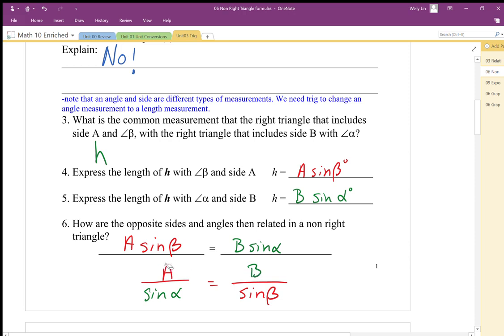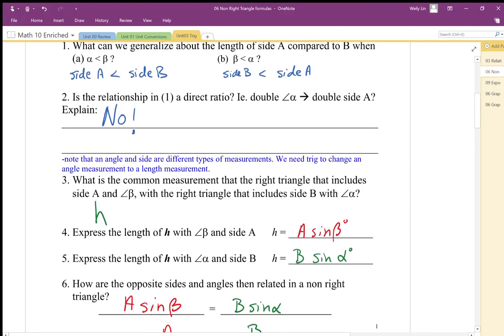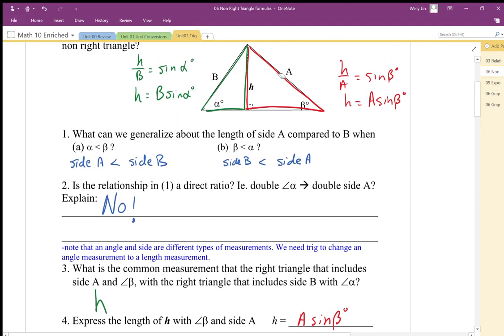So I've got angle alpha and the side opposite, A. That ratio is constant for the whole triangle. If I compare the side B with sine of the angle beta, this ratio is consistent. I've only shown it for two sides of the triangle, but this is actually true for all three sides of the triangle.